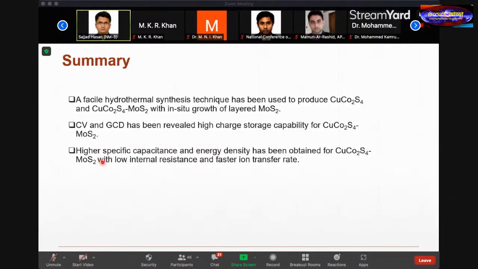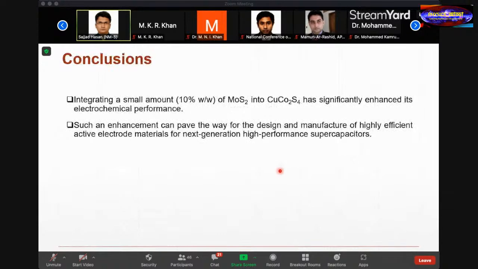The specific capacitance and energy density have been found maximum for copper cobalt sulfide MoS2, with low internal resistance and faster ion diffusion rate. In conclusion, integrating a small amount of molybdenum sulfide into copper cobalt sulfide has significantly enhanced its electrochemical performance. Such an enhancement can pave the way for the design and manufacture of highly efficient active electrode material for next generation high performance supercapacitors.